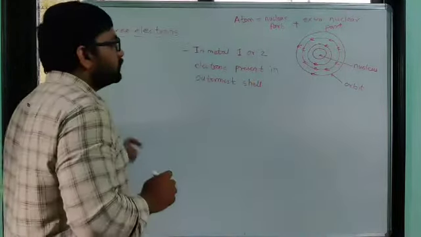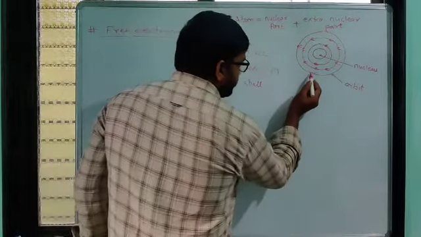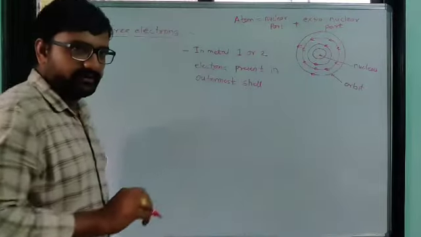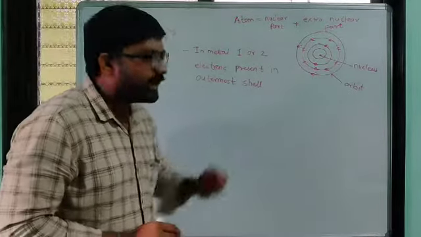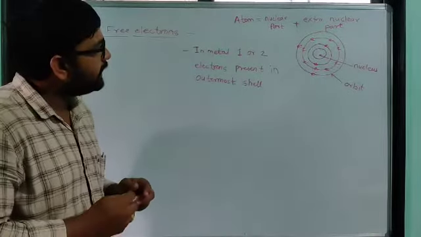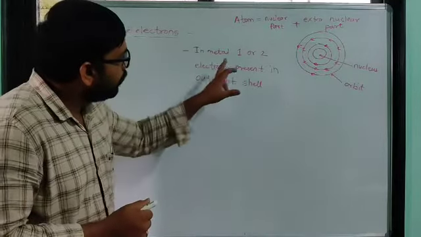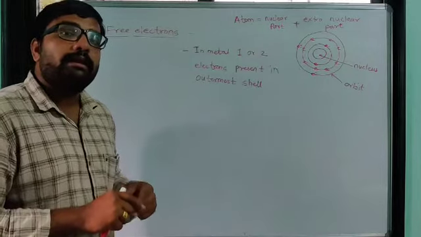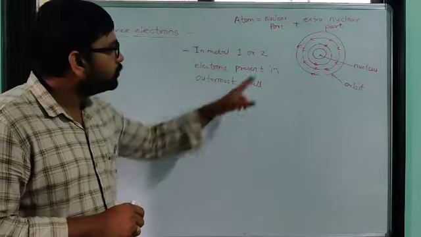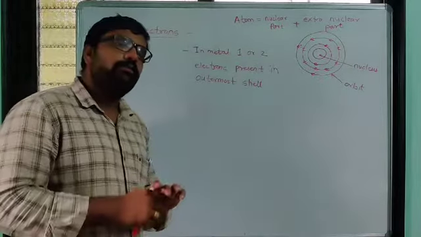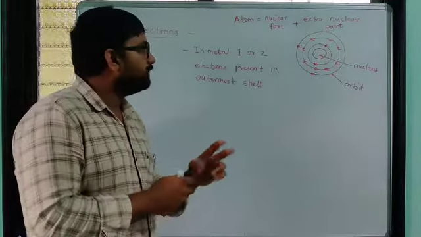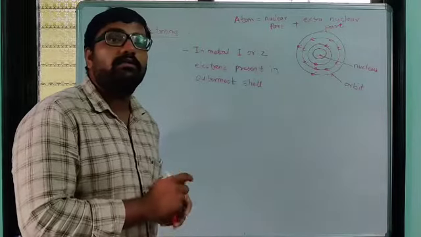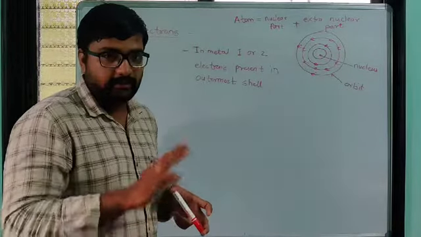Outermost shell means the last shell from the nucleus where electrons are present. In some metals only one electron is there, and in some other metals two electrons are there. If we observe all the metals, we will find one or two electrons present in their outermost shell.